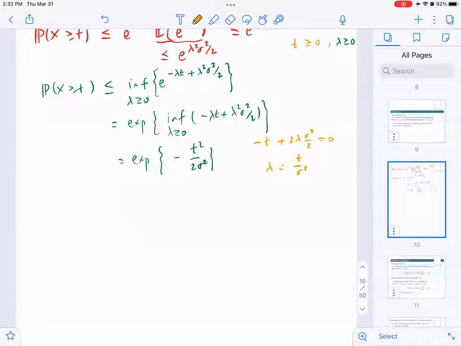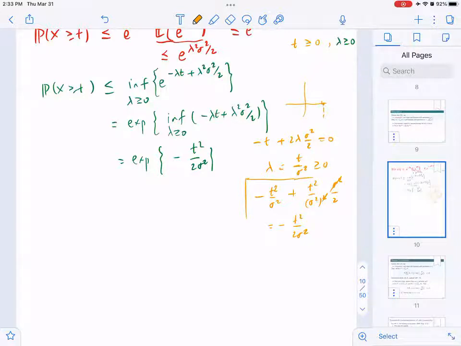That's the optimal lambda. If I plug it in there, I get negative t squared over sigma squared plus t squared over 2 sigma squared. One of them cancels out, and this turns out to be that. So this has a minimum, and the minimum is attained at a positive lambda, so this is well within the range.